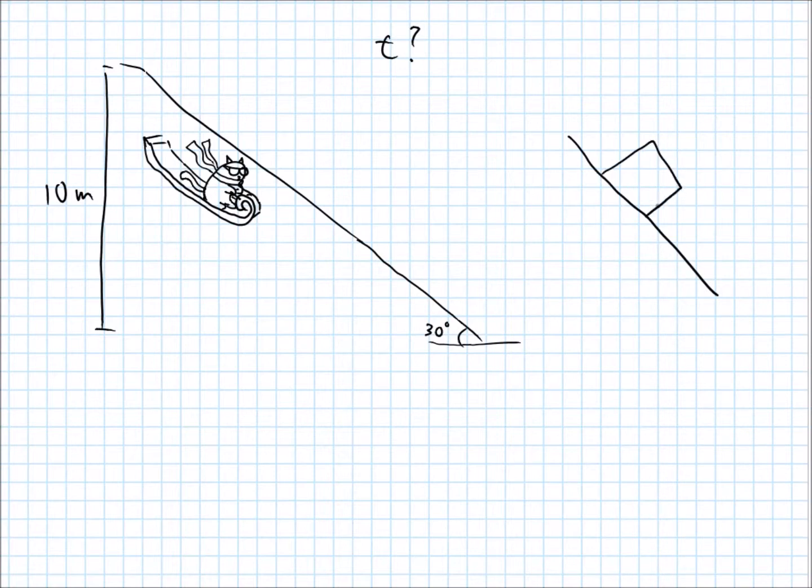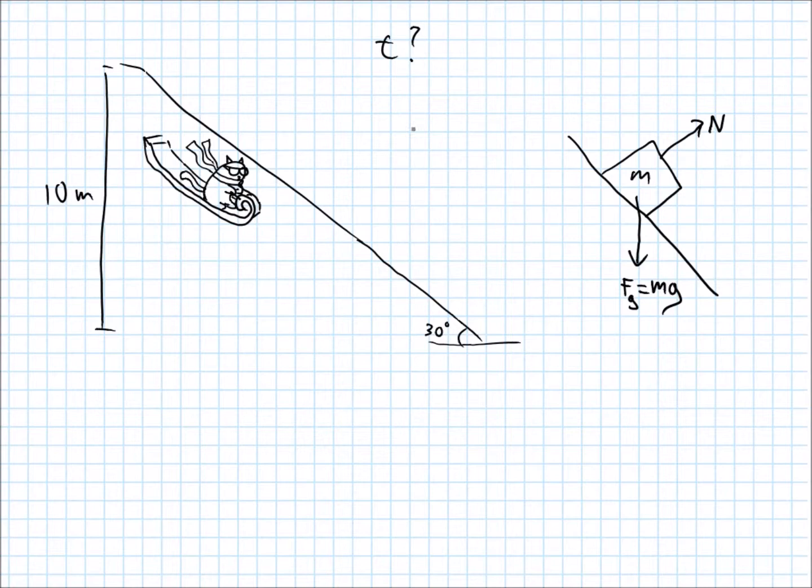Here is my mass, and we'll just call it a mass M. Here is gravity pointing straight down, which is just mg, right? Normal force points straight out of the surface, like that, and there's no friction, so those are actually the only forces acting on the block.